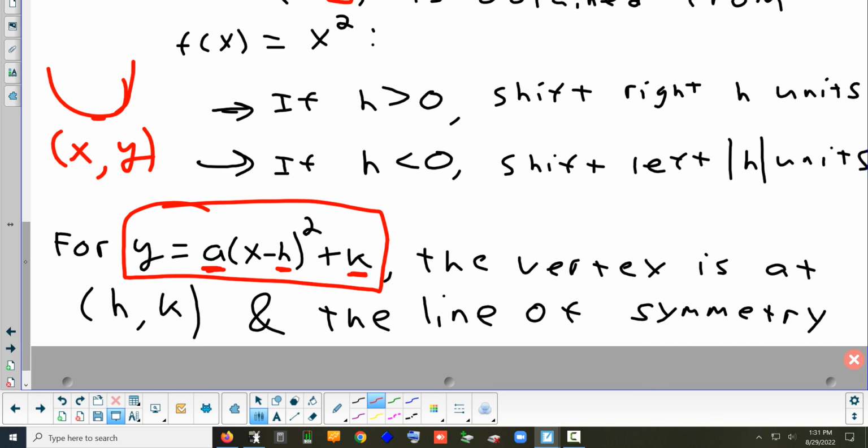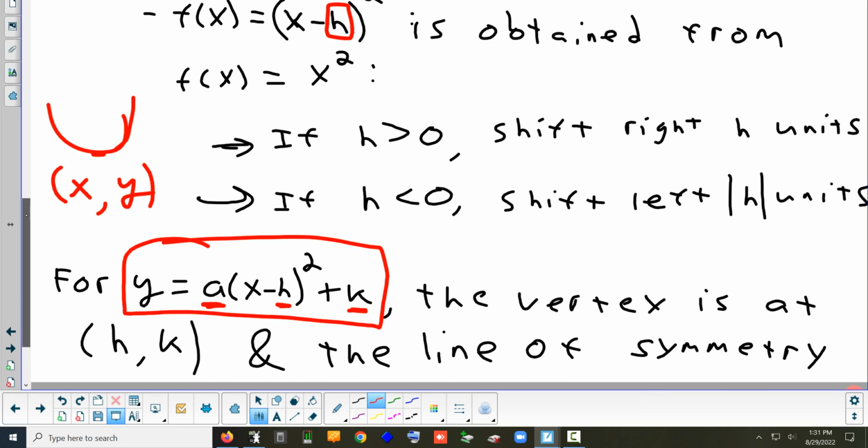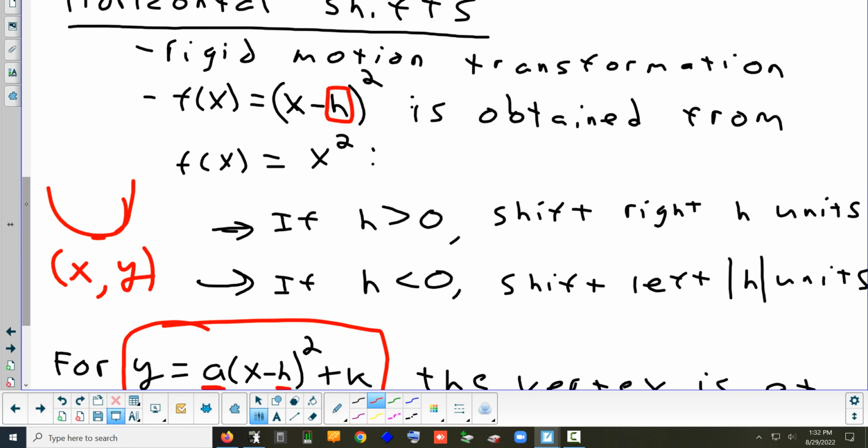Okay. Cassie, did you have a question? I think this is just me being stupid. Why, if h is greater than 0, should it shift to the left? So when we write it like this, we're talking about an equation that's always in the form x minus, and then we're blocking off this part and looking at the value that comes after the x minus.